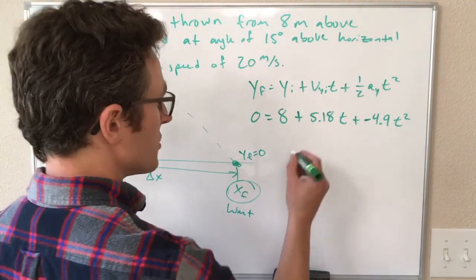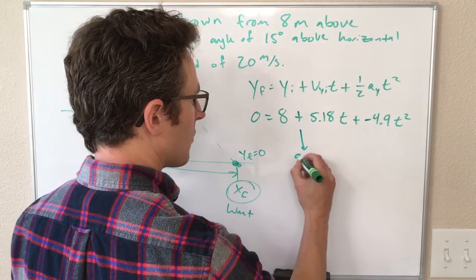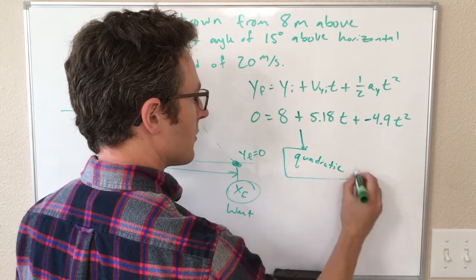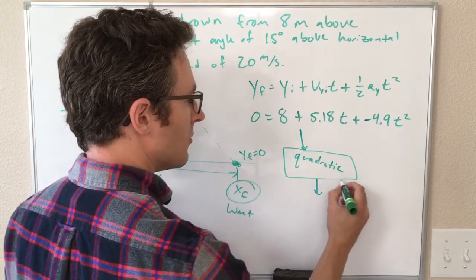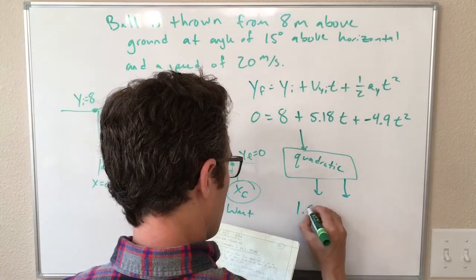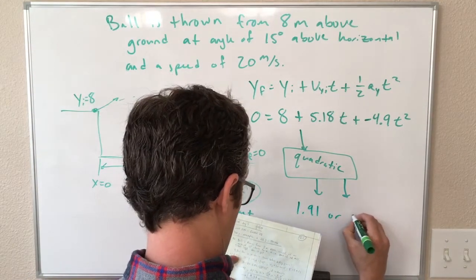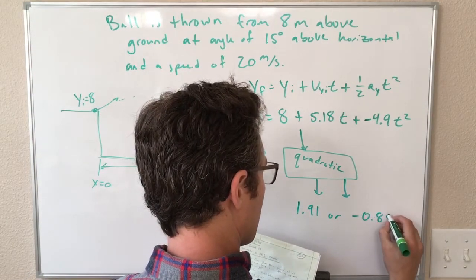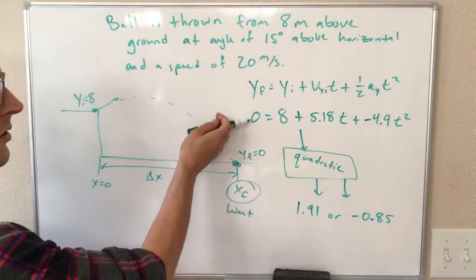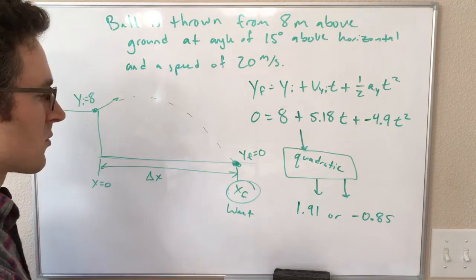So when we solve this equation, we plug it into the quadratic equation box, and out comes two answers. Actually, we have 1.91 or minus 0.85. Those are the two mathematical answers to this quadratic equation.